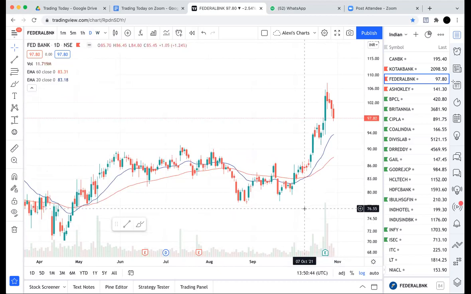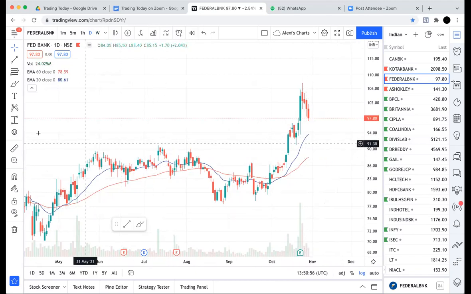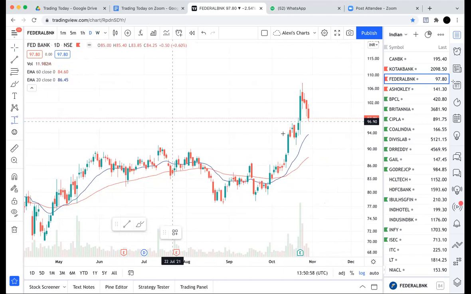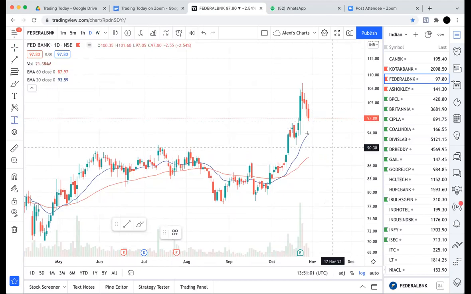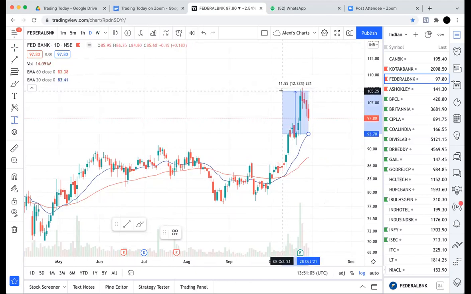Okay, so we're looking at the daily chart. And so today it kept going down, right? The last several days, it's been going down. Federal Bank. Okay, it had gone up. It was a nice bullish move in one day. Look what happened here. In one day, it opened at this point and it went to this high level, 12%, and then it closed here at 10.81.